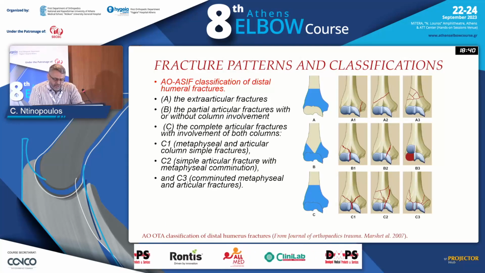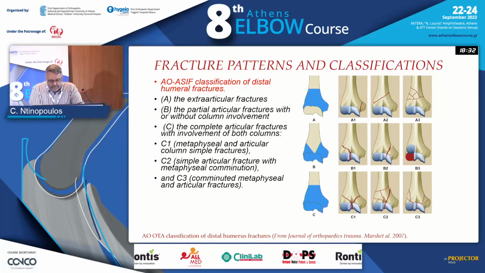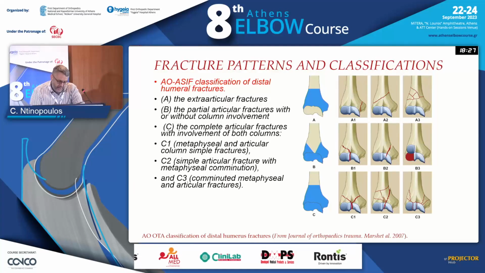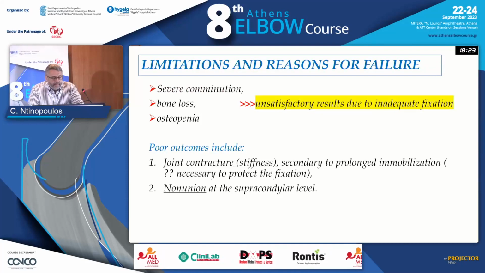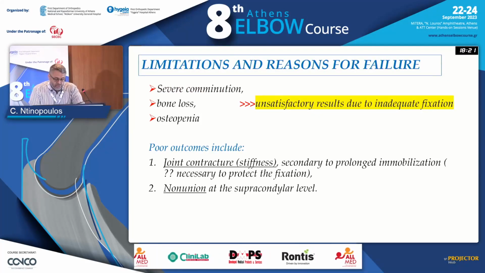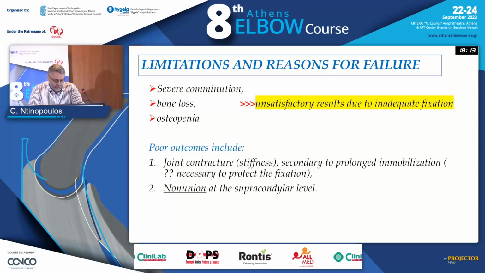The AO classification gives us the classification of the comminuted areas, and the special areas we are talking about are A3, C2, C3. These are the comminuted areas that create the most problems in this type of fracture. Severe comminution, bone loss, and osteopenia give unsatisfactory results due to inadequate fixation onto these poor structures.